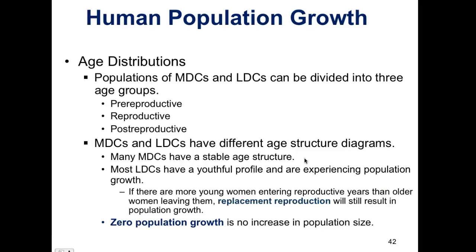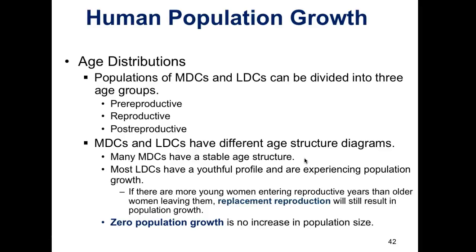Ultimately, honing in now, you have age distribution diagrams. Populations of more developed countries and less developed countries can be divided into the 3 age groups: pre-reproductive, reproductive, and post-reproductive. More developed countries and less developed countries have different age structure diagrams.